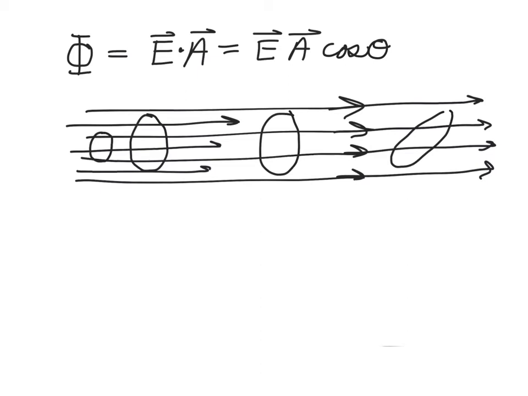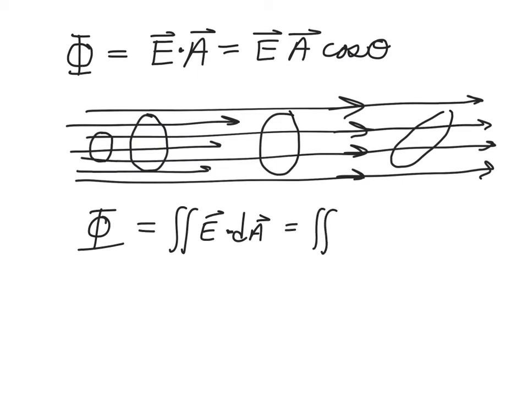Of course, the definition from your equation sheet, which you absolutely should write down, it should be one of the first things that you write down, would be in the general situation, because the E or the A or the cosine of theta can vary from point to point, would be the integral of E dot dA, writing it as a dot product, or the integral, since it's a surface area, it's a double integral, E dA cosine theta.